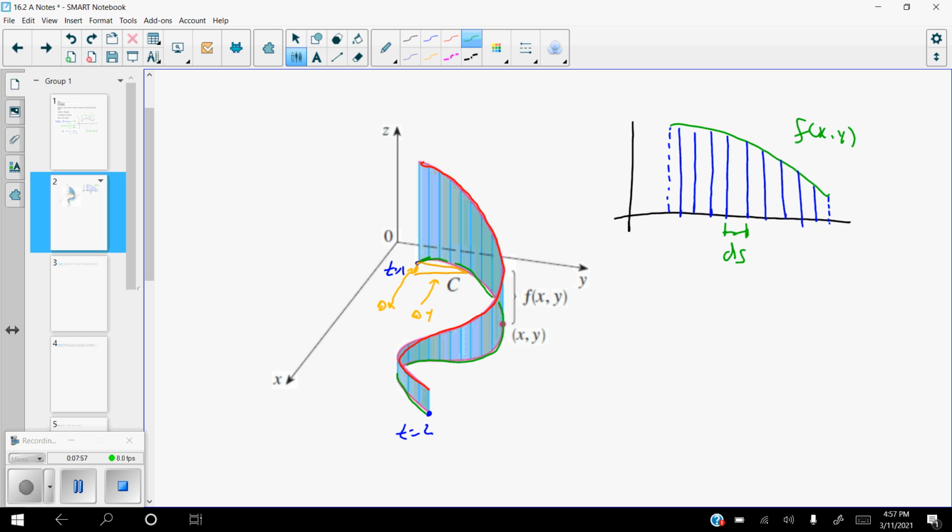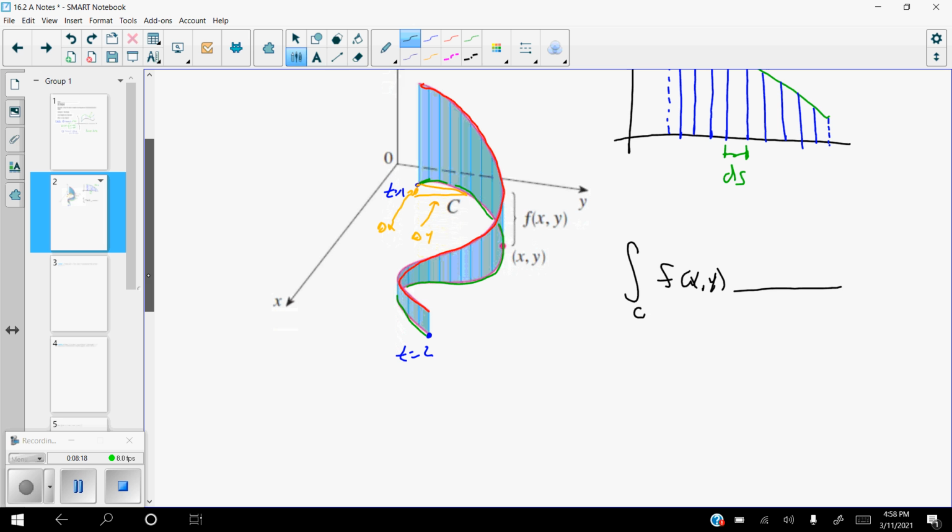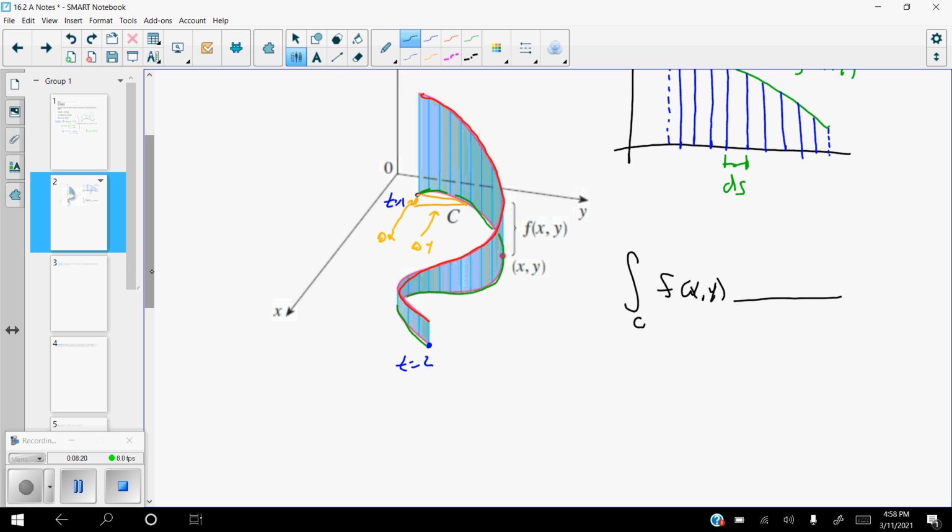So if I'm going to take an integral over that curve, and that's how you define this, it's a big integral over c, so over the curve of my function of x, y. The question is, what goes out here? Well, because I want to do this with respect to the arc length, I want those little segments to be basically arc length segments.